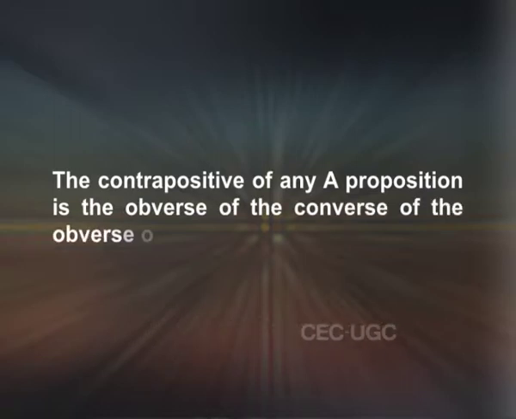Thus, the contrapositive of any A proposition is the obverse of the converse of the obverse of that proposition. Contraposition is not valid for I propositions. Example for I proposition, some citizens are non-legislators has as its contrapositive the false proposition some legislators are non-citizens.